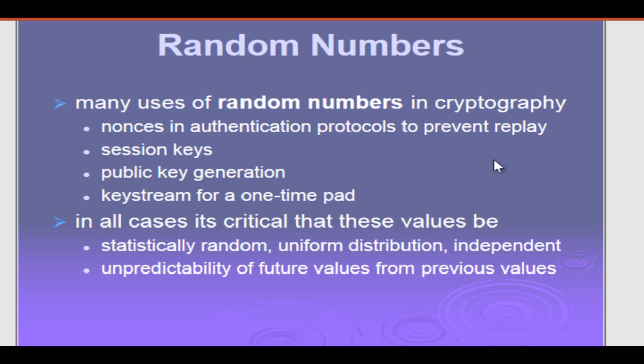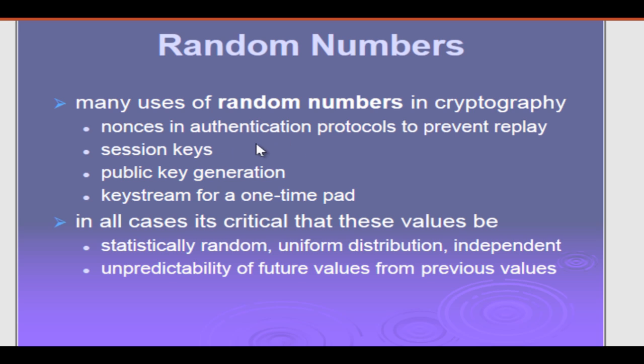If you use a nonce, a random number, then when the person receives the message with the nonce, he gets assurance that it is not a replay. So nonces are useful in preventing replay attacks, and they are nothing but random numbers. Also the session key in symmetric encryption, which we discussed just now.